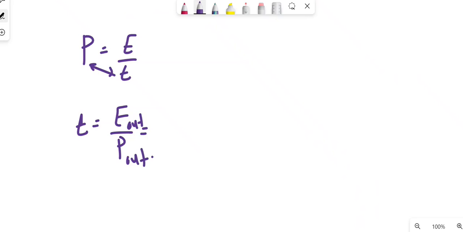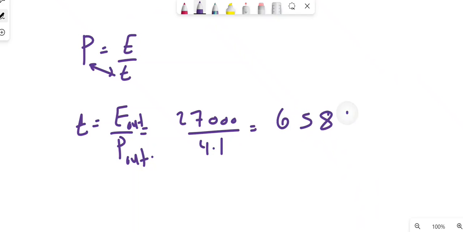And this will be 27,000 divided by 4.1, which will give us 6,585. You can round it to two significant figures, which is around 6,600 seconds.